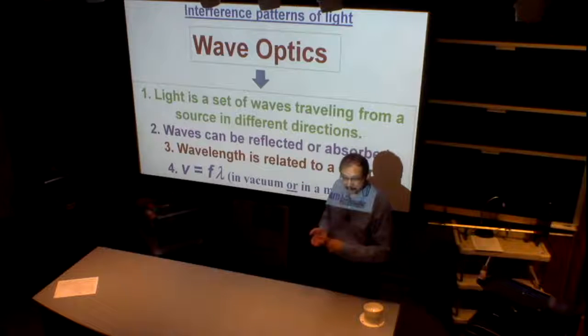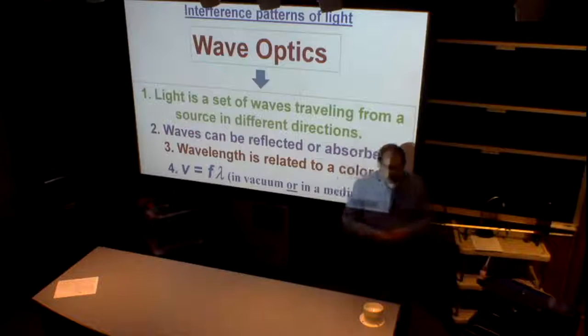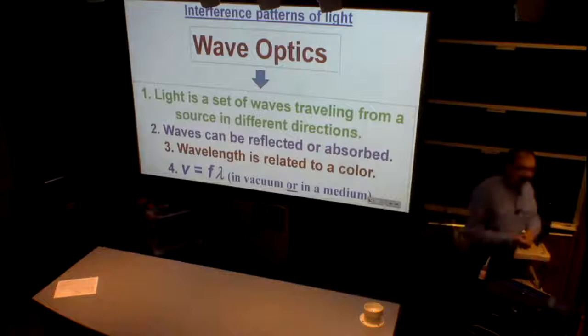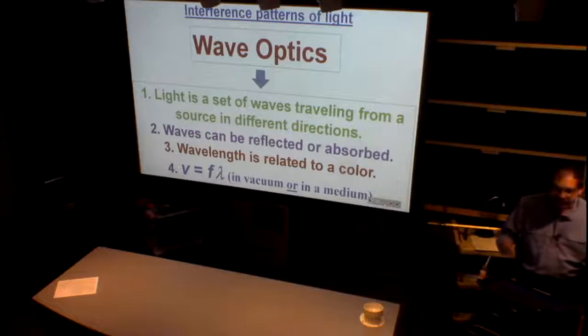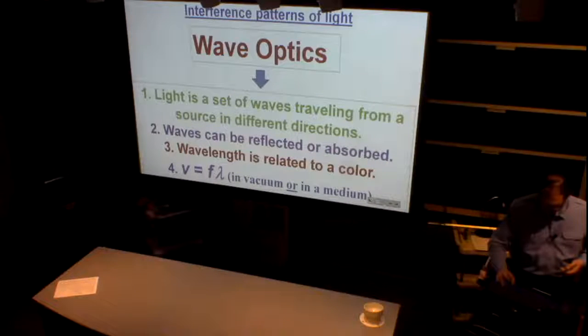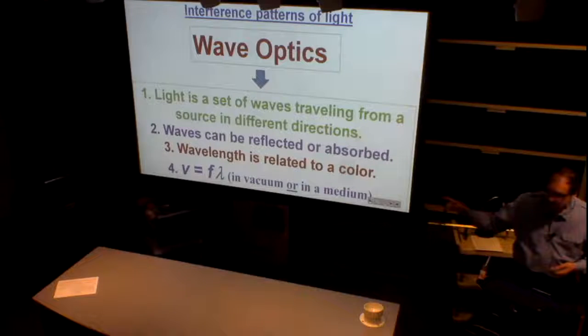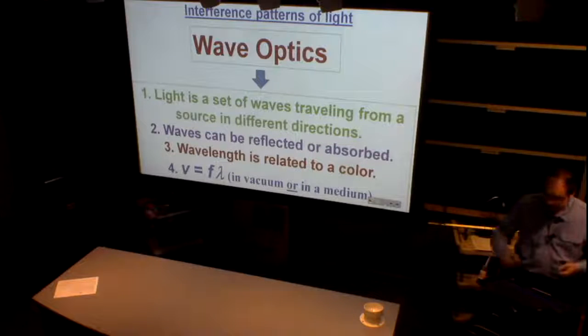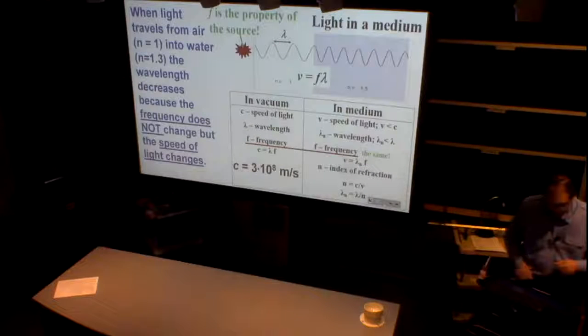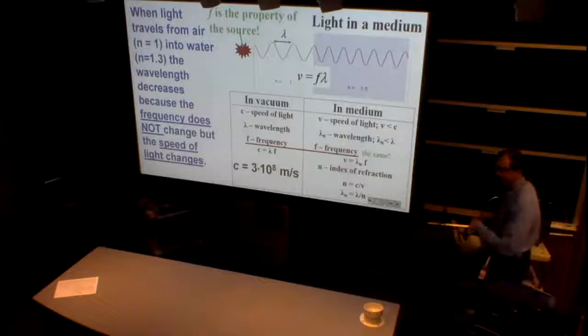It has period, wavelength, frequency, speed. The relationship between speed, frequency, and wavelength is the same as for any other wave. And this equation can be used for light in vacuum, air, water, in any medium. But all three variables are supposed to be related to the same medium.